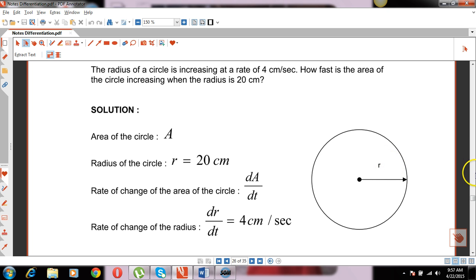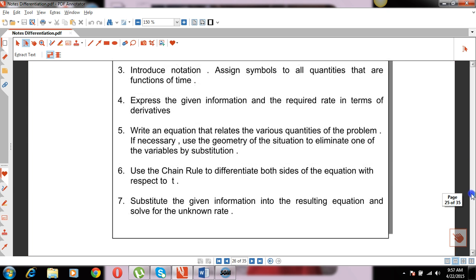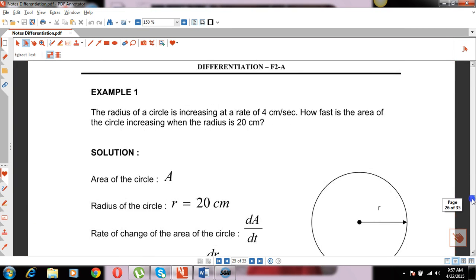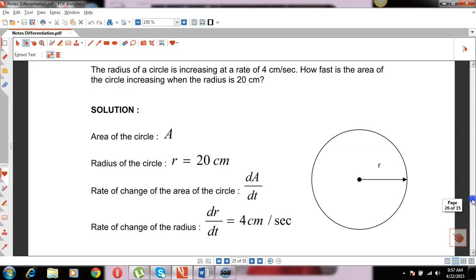So step number 3, we have to introduce notation and assign symbols to all quantities that are functions of time.